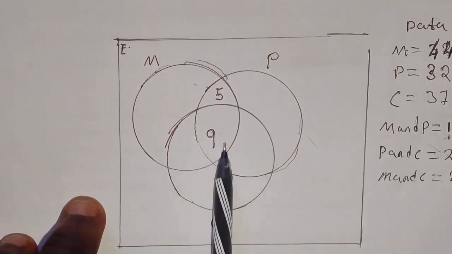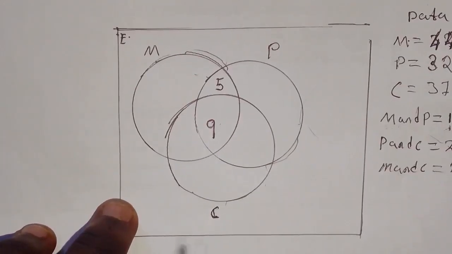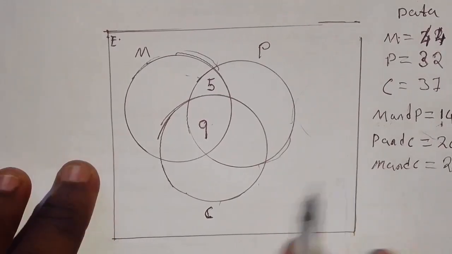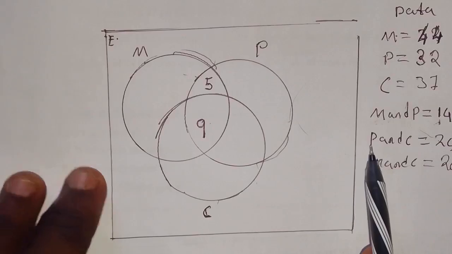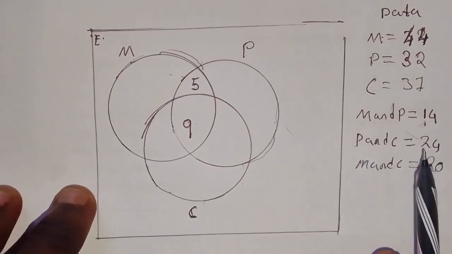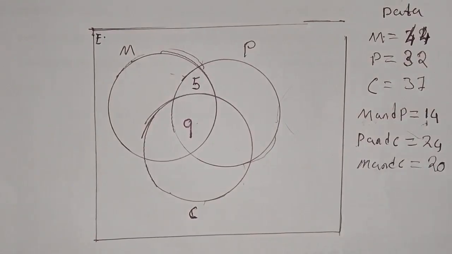But these 9 also planted cassava. So let's now proceed to the third entry, which is potato and cassava. Potato and cassava is equal to 24. So where is potato and cassava? It's here.